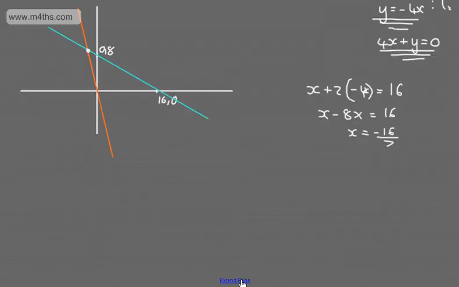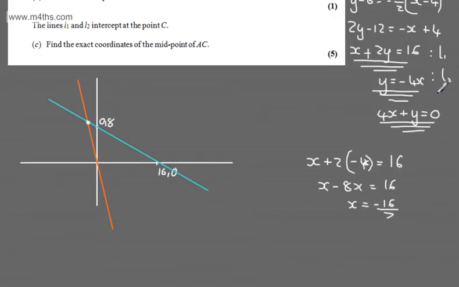If we consider the y coordinate, we can see now that line 2 has the equation of y = -4x. So we can say, therefore, y will be equal to -4 lots of -16/7. And that gives us now that y is going to be 64/7.